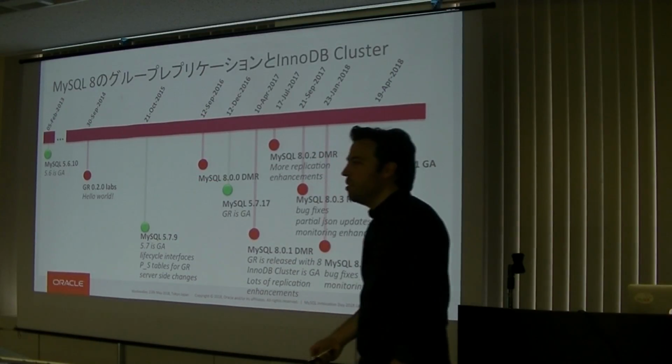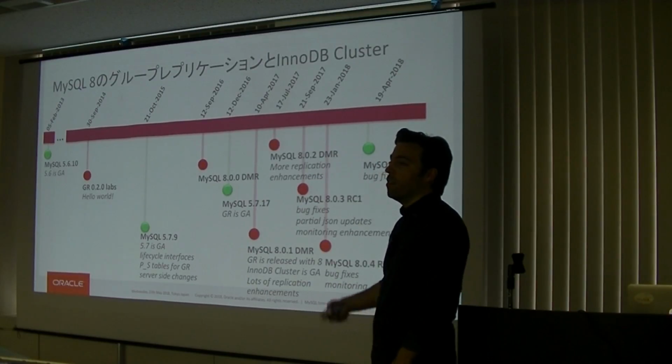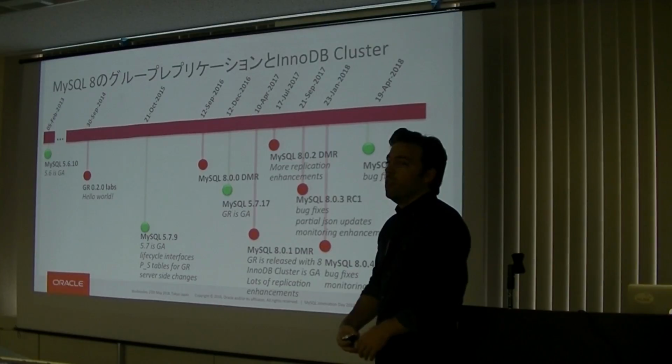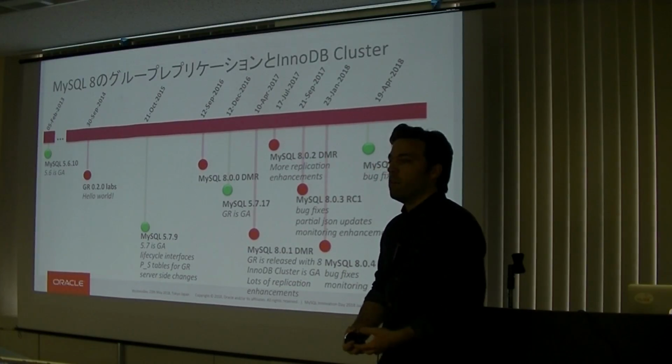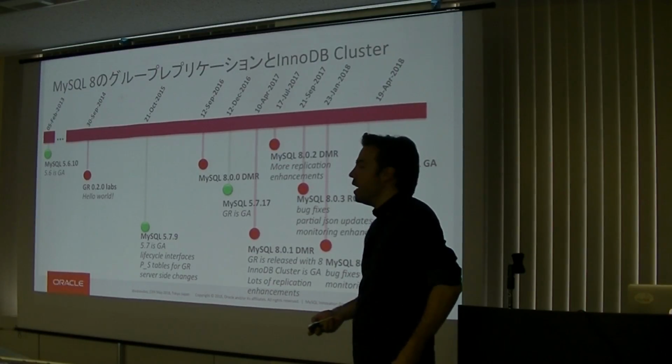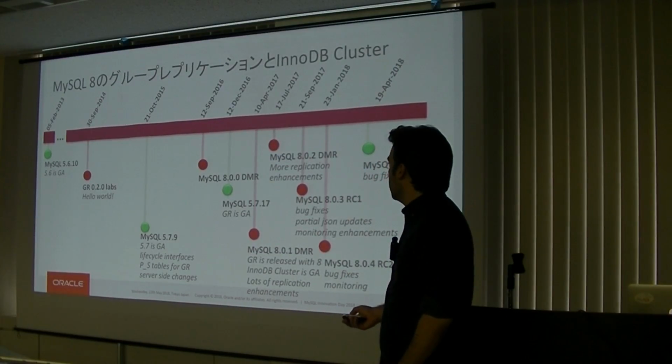It doesn't stop here. We have a lot of feedback, a lot of things to work on for group replication, and comes the cloud. This is a natural environment to deploy group applications, so a lot of interesting new ideas and good stuff that we are working on.